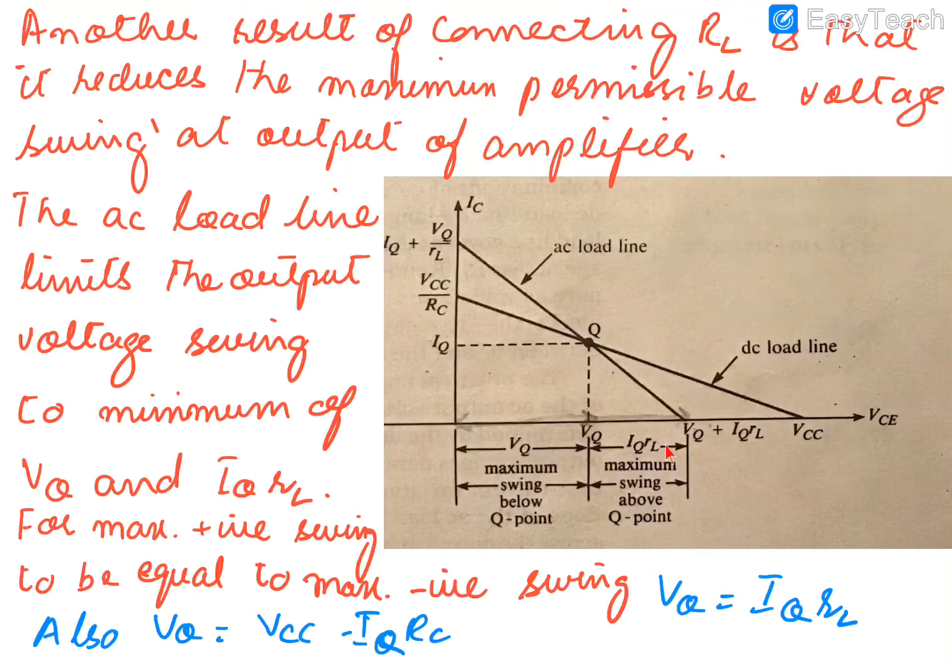So in this case we will take the minimum of the two voltages. If IQRL is less than VQ, then we will take IQRL as the maximum swing above and below the Q point level. If we do not take both of them equal, then there will be dissimilar semicycles above the Q point and below the Q point.